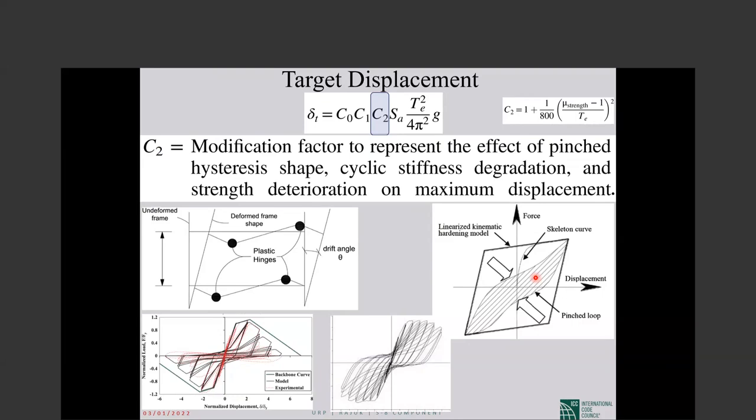And because their detailing is deficient, in each cycle something happens to them: more degradation in stiffness, more strength deterioration in each cycle. So the effect is more pronounced for buildings with small period.